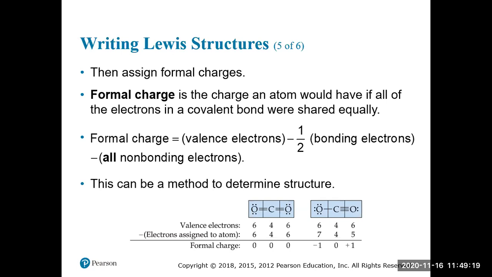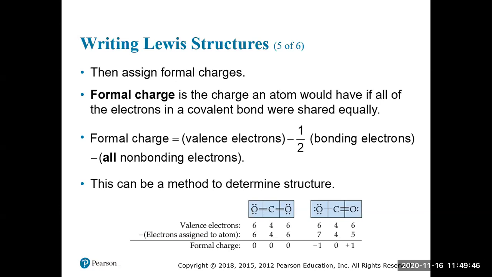And so we do 1/2 times 4, so that's 2. And then we have 4 non-bonding electrons. So that's the dots that we see. So we have a total of 6 if we add those 2 up. So that's the electrons assigned to the atom. That's the sum of 1/2 the bonding electrons and all the non-bonding electrons.